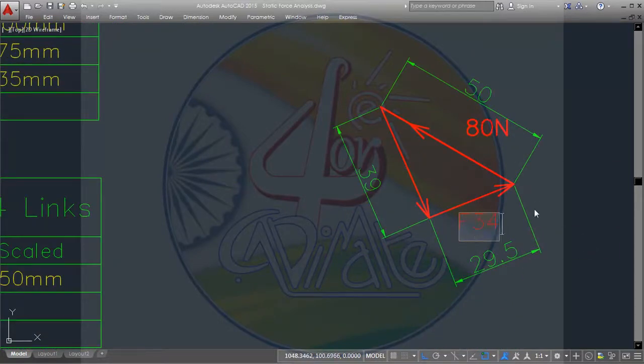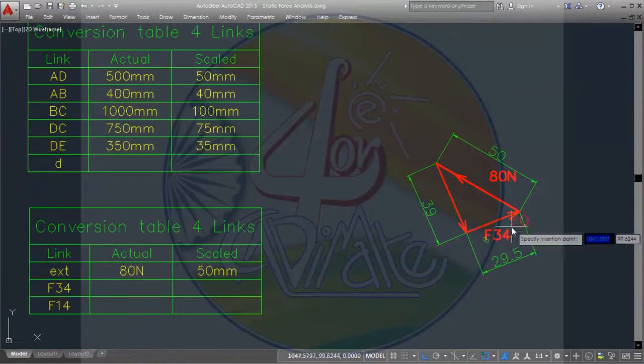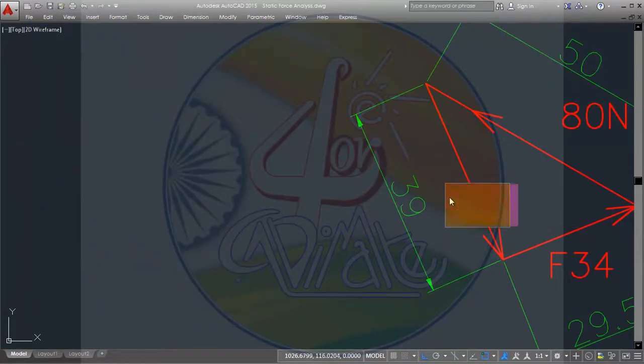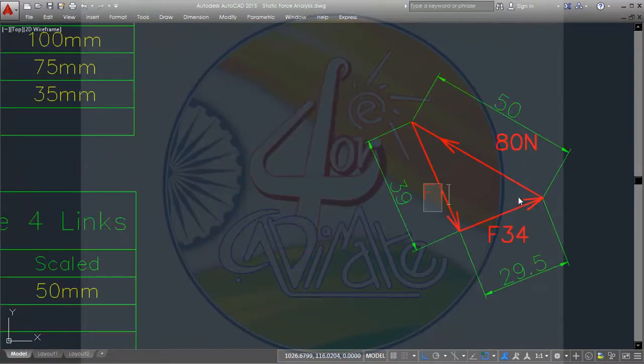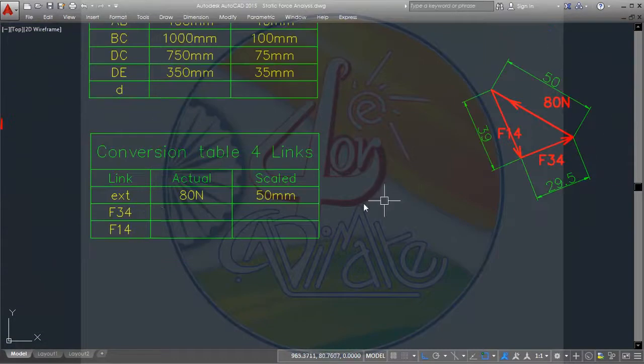F3 on 4. And what about this? This is the force of 1 on 4. So we don't need this. We need this, so we have to calculate the force of 3 on 4.